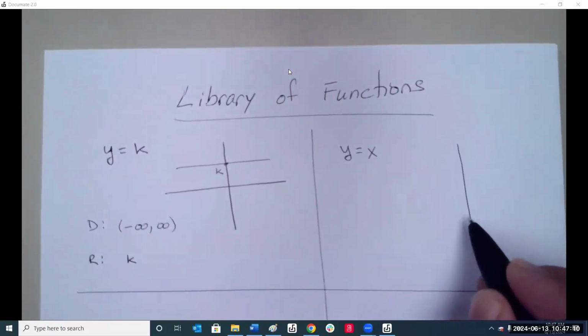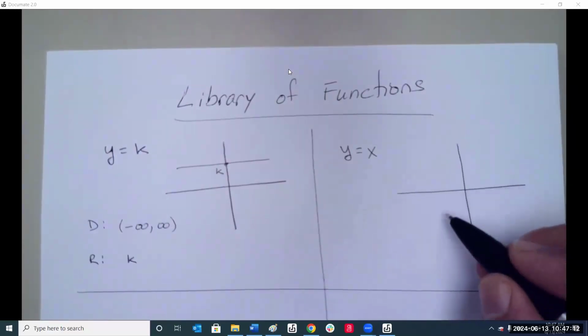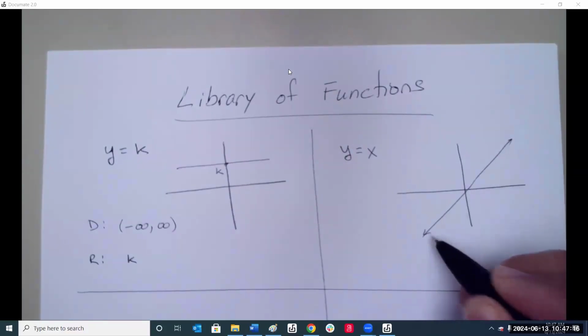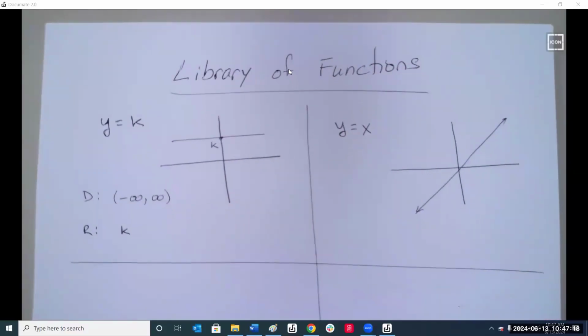Next, we have y equals x. That's a diagonal line.